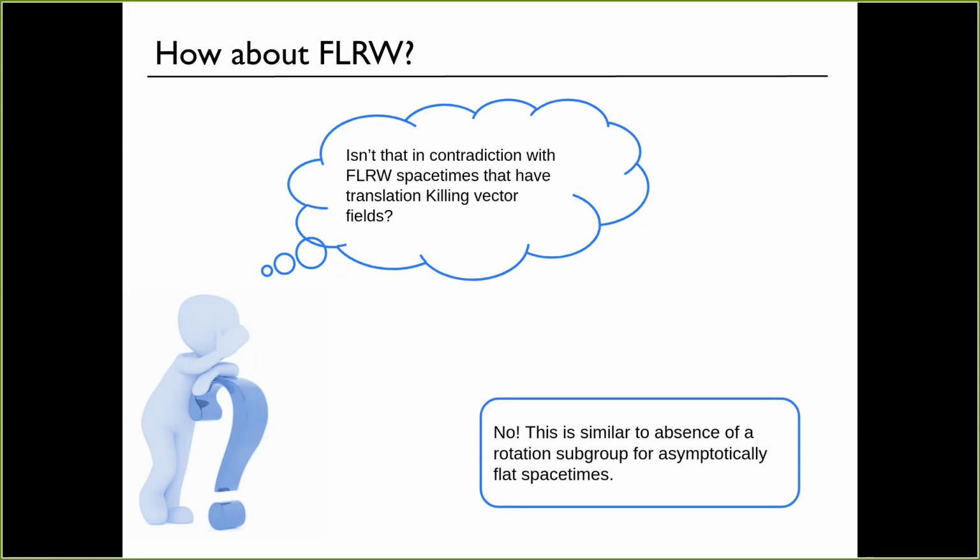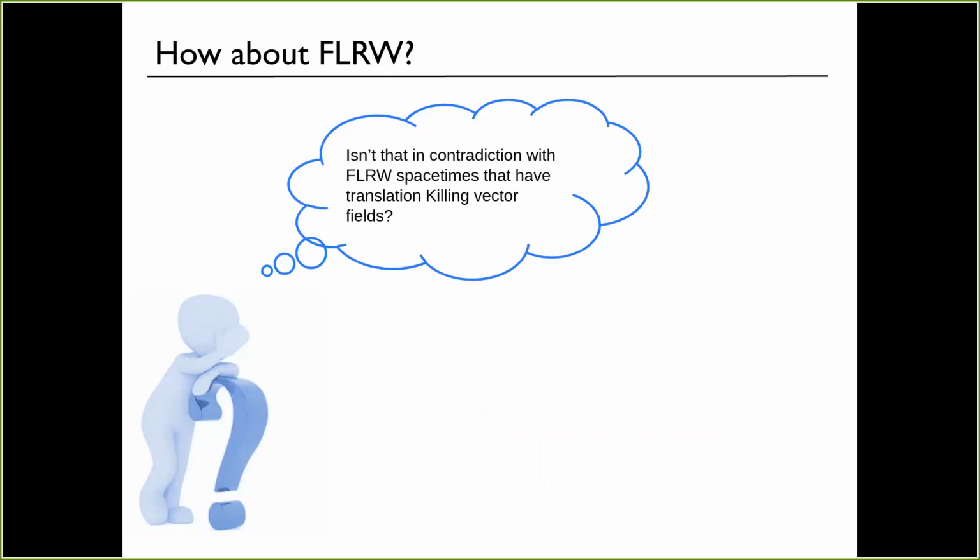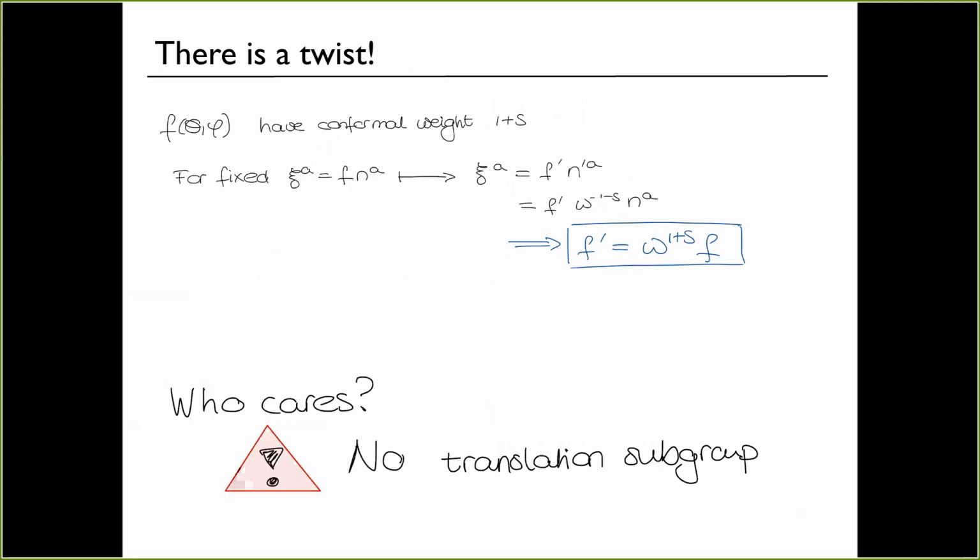So the fact that particular members of the class have extra structure, extra symmetries, doesn't mean that all members of the class need to have it. So similarly here, even though everything is modeled after these decelerating FLRW spacetimes that do have a translation subalgebra, the general class does not.